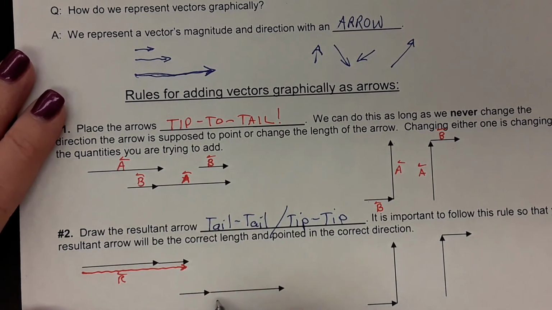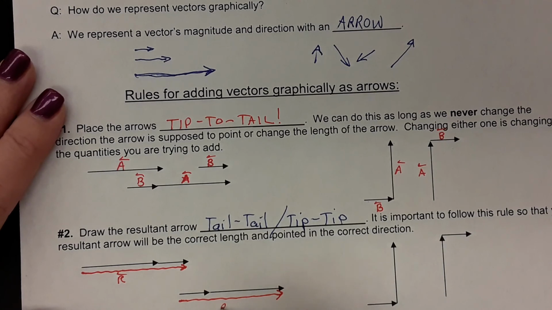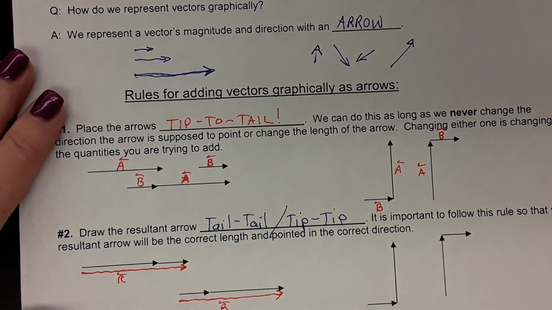And if you had added them the other way, tail to tail, tip to tip, you still get the same resultant, okay? It's still the same length and still points the same direction from start to finish.